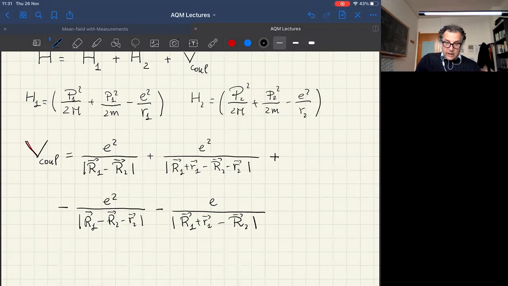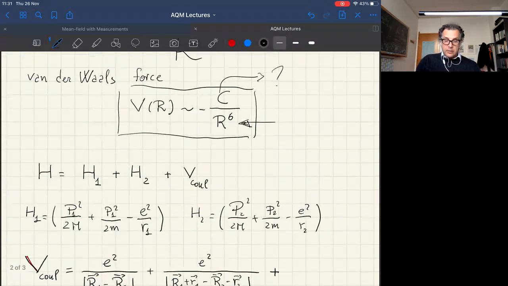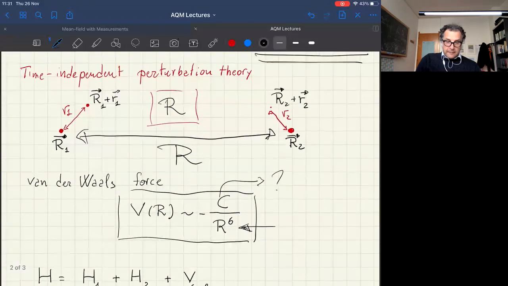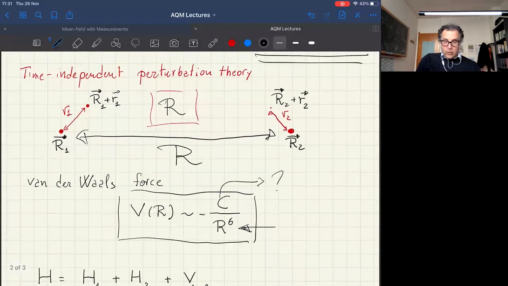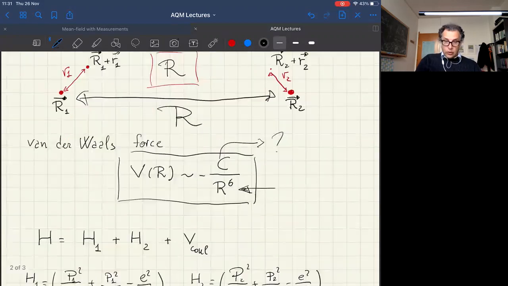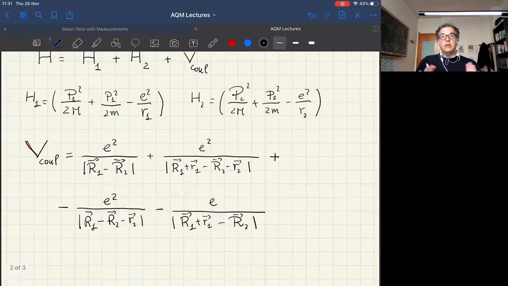By looking at this problem, you see that, in the same way I said before, the distance R1 and R2 over the distance capital R is much, much smaller than 1. Okay? So then I can do multipole expansion, and let's see if I can use this multipole expansion to do perturbation theory. Is this clear?